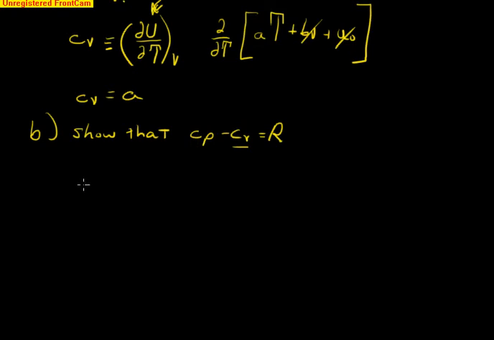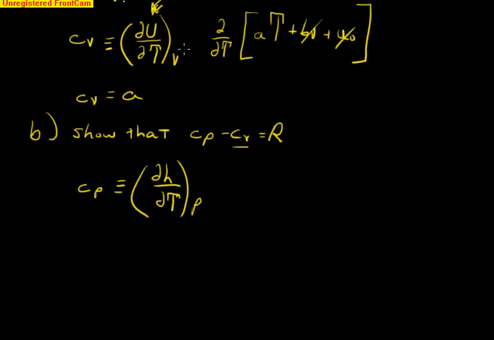What is the specific heat capacity with constant pressure? It's defined as change in enthalpy over the change in temperature with, of course, the pressure held constant. And this is how a change in temperature affects the system's enthalpy.